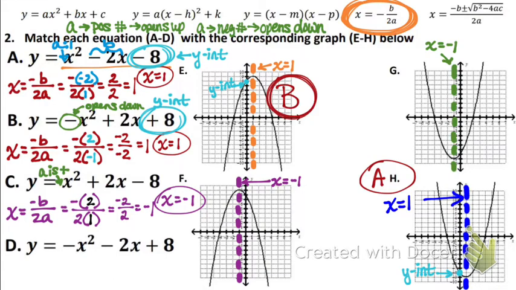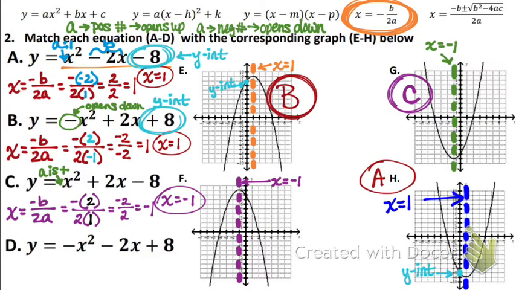So it's going to open up like a cup. Which graph is opening up, has a y-intercept of -8 and an axis of symmetry of -1? G. So this goes with equation C.